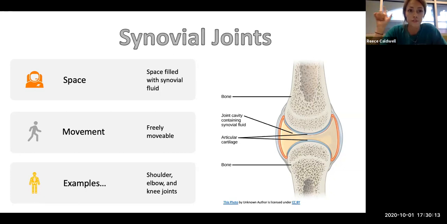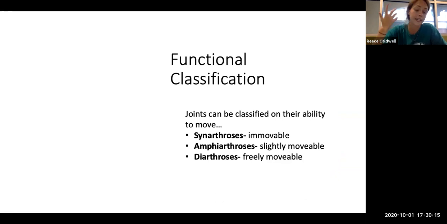Whenever we do these functional classifications, we're looking at only synovial joints, because all of the other joints don't have any function. There's little to no movement in all of those. But our synovial joints are freely movable, so they are functional. So from here on out, we're just looking at synovial joints. I remember when I took this lab, I got kind of confused with that part.